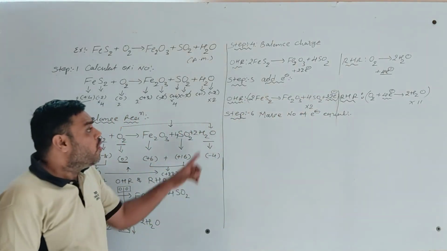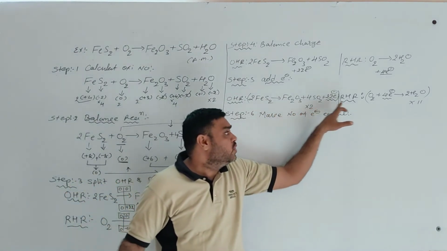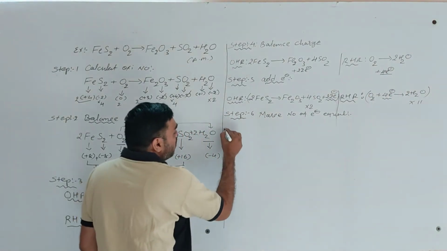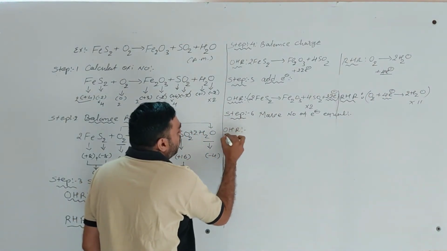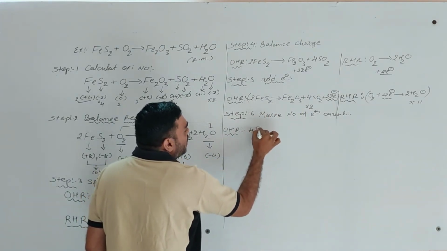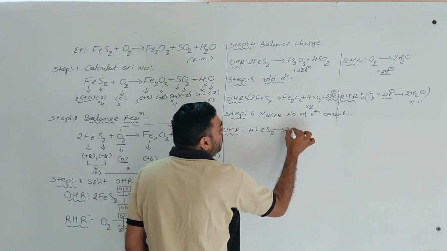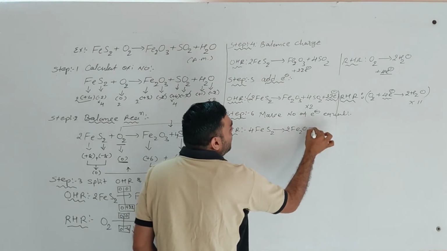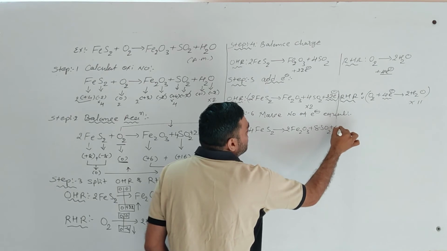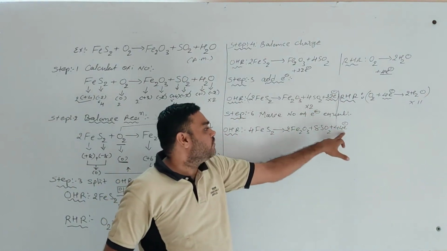So the oxidation half reaction is multiplied with 2, and the reduction half reaction is multiplied with 11. Oxidation half reaction OHR multiplied with 2, so 2 2s are 4 FeS2 gives 2 Fe2O3 plus 4 2s are 8 SO2 plus 22 2s are 44 electrons.